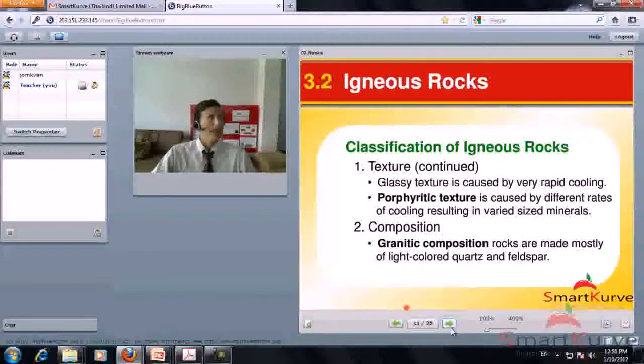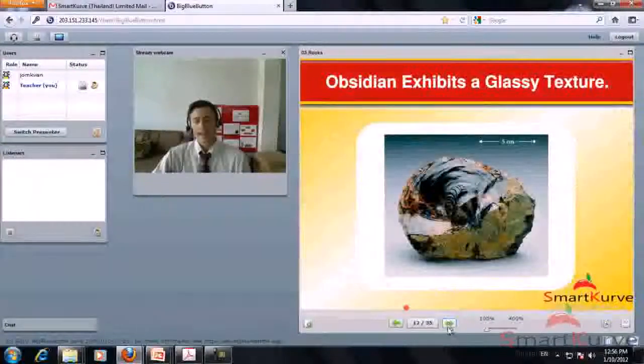Next, on slide 11, glassy texture is caused by very rapid cooling. You can see an example of this on slide 12. That is obsidian. Notice the particles there are so small that the rock is very, very smooth, so it almost looks like glass.